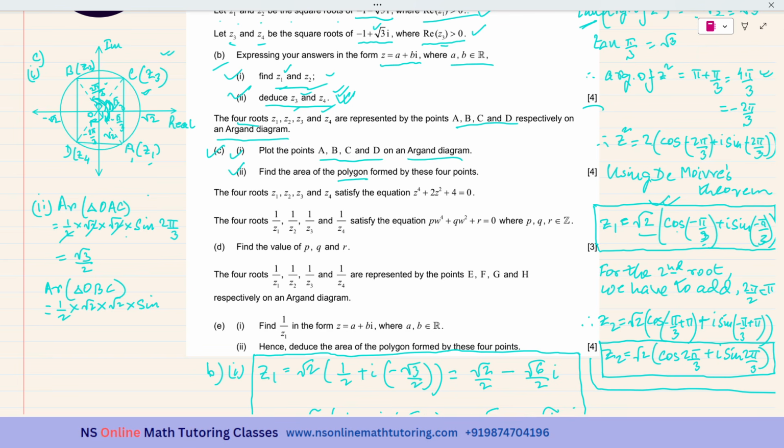So this angle will be pi over 3. 2 pi over 3 minus pi over 3 is pi over 3. Okay. So this is also equal to root 3 over 2.